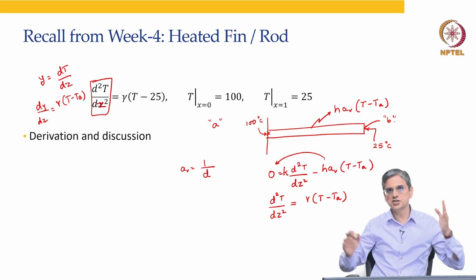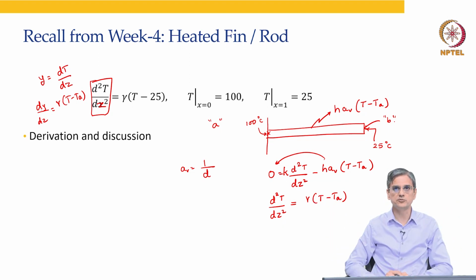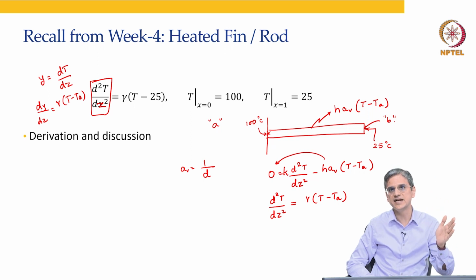Because the two boundary conditions are given at two different locations, it becomes a boundary value problem. If both the boundary conditions were given at the same location, for example, T at location 0 and dT by dz at location 0, that would become an initial value problem, which we already covered in week number 8.